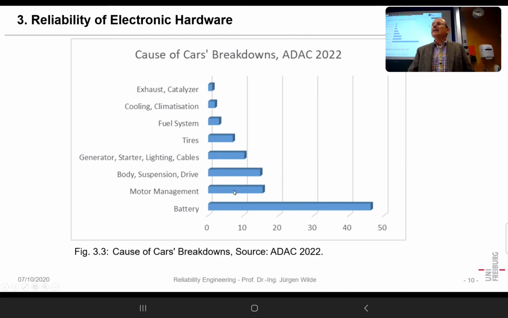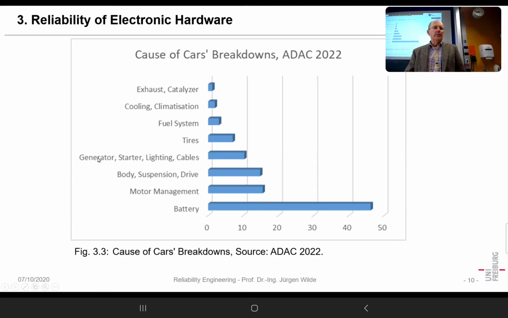Then what is important, and that always has been since that BMW problem, motor management. You know, if something's wrong here, often the car just refuses to act further on. So it's not only that it doesn't work, but the car sees I have a problem and I shut myself down. So then we have body, suspension, drive, which can make problems and has a high portion of electronics now.